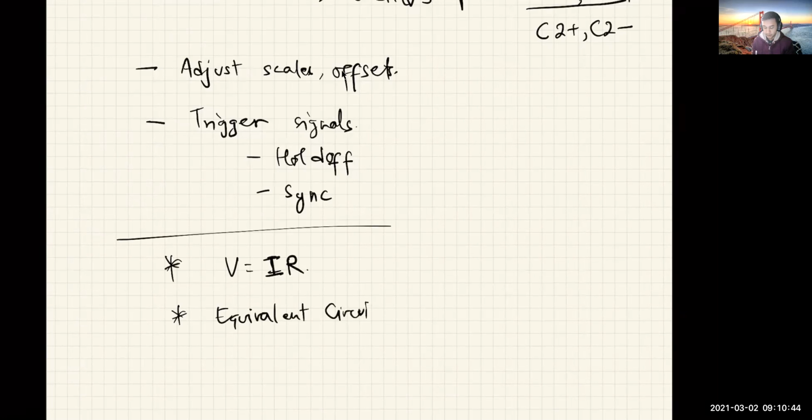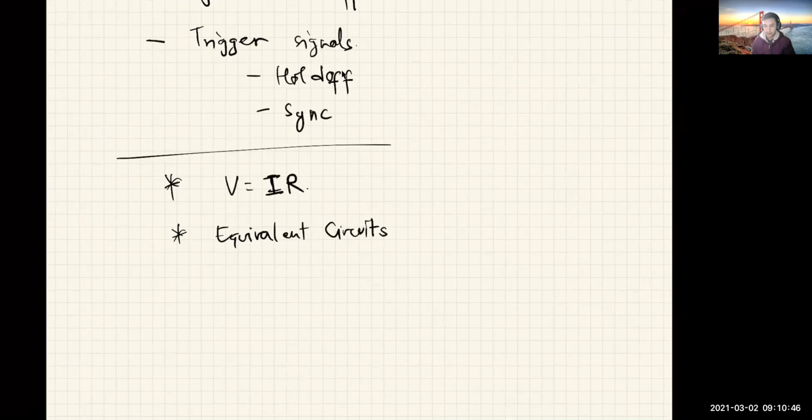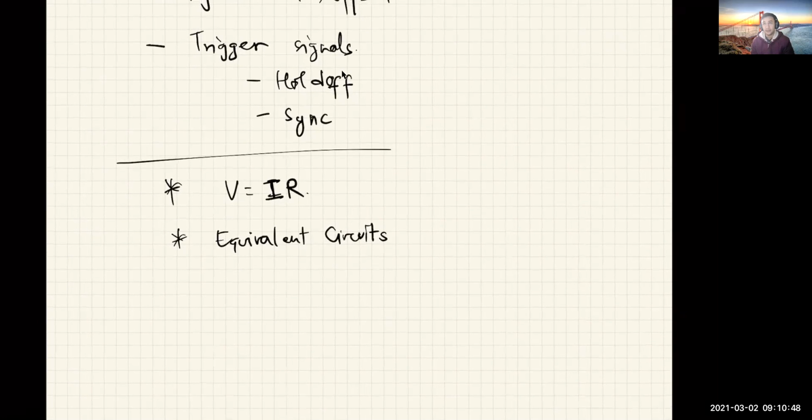And what equivalent circuits tell us is that a larger circuit with lots and lots of components can have its behavior modeled using a much smaller circuit containing, say, only a voltage source and a series resistance, right?